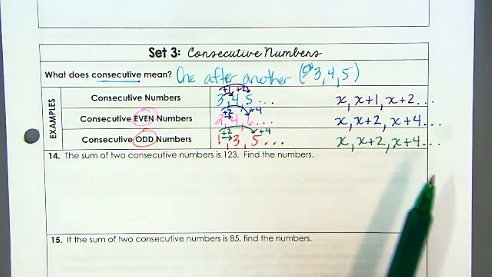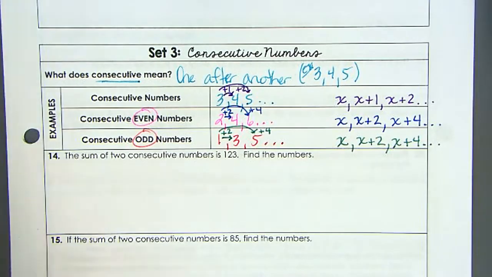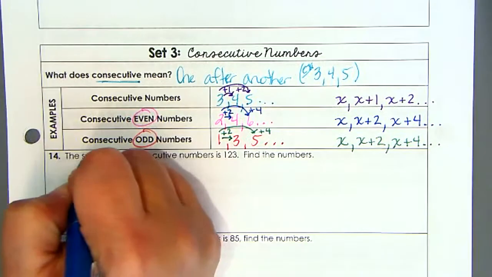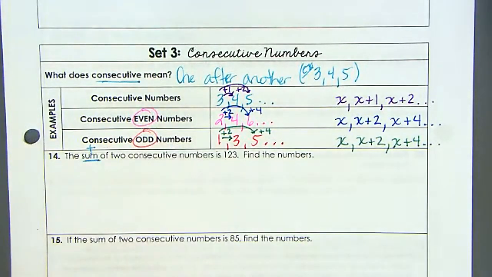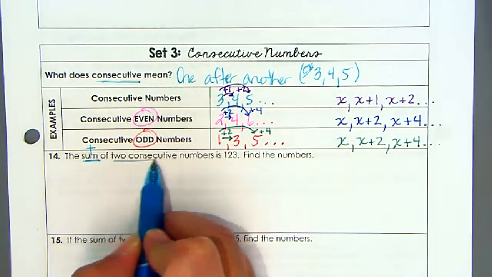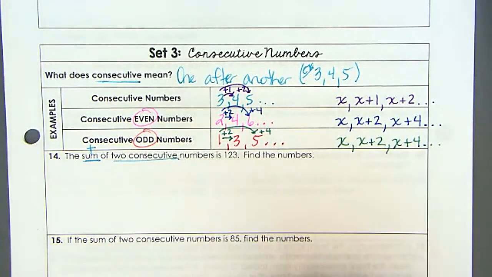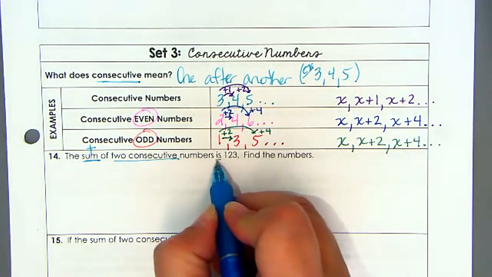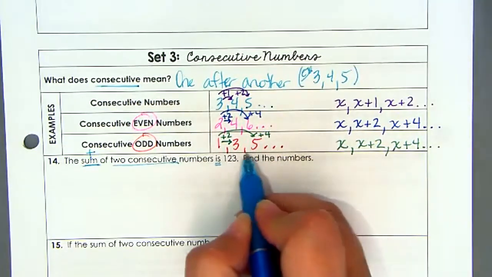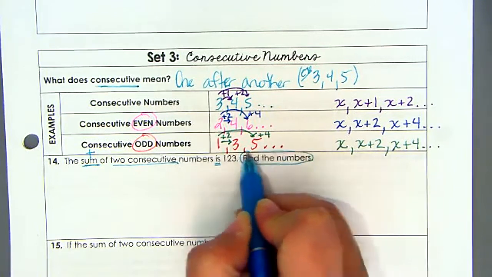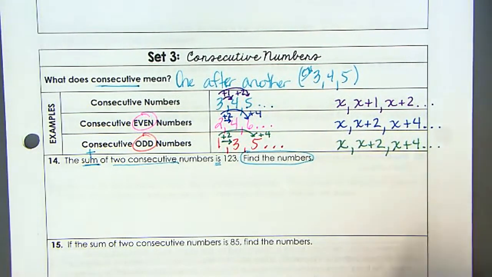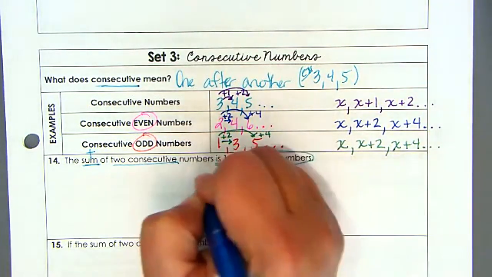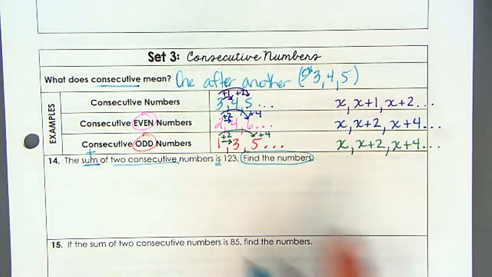All right, let's work some examples here, guys. Looking at 14. It says the sum of, that means I'm adding them together, 2 consecutive integers is 123. Find the numbers. Notice I'm circling what I'm looking for. My game plan here: let's label our variables first.